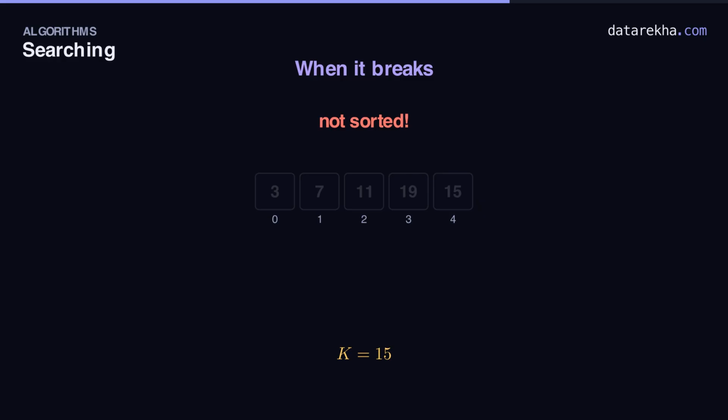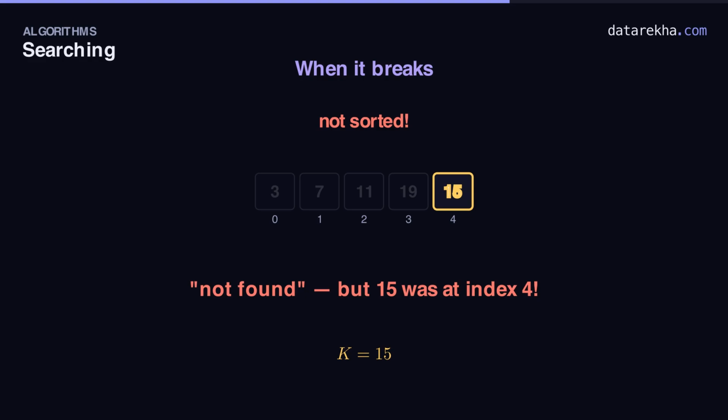Next middle is 19, bigger than 15, so it throws away the right and looks left. And now the window is empty. It declares 15 not found. Dead wrong, because 15 was sitting right there the whole time. The go left, go right logic is only trustworthy when the data is in order. This is exactly why sorting matters, and it's where we head next.